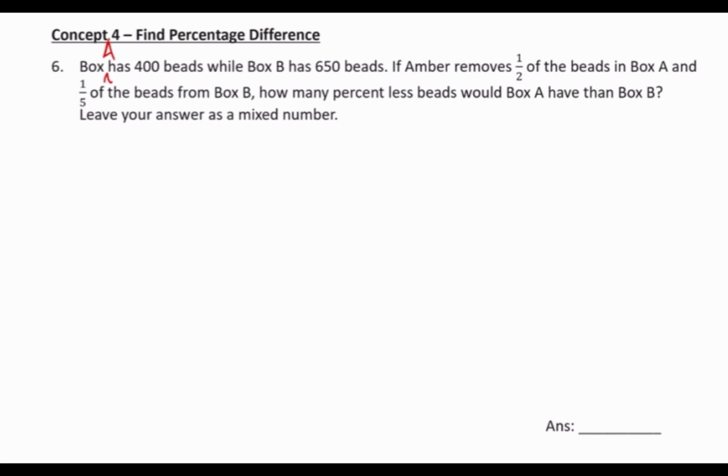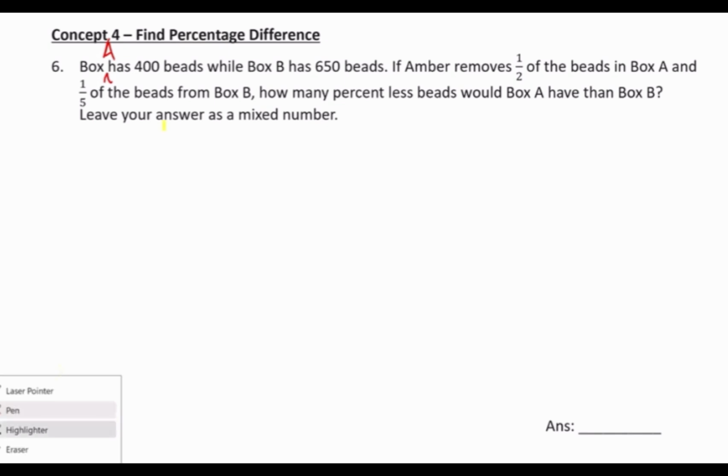Box A has 400 beads, box B has 650. If Amber removes half of the beads in box A and 1/5 from box B, how many percent less beads would A have than B? Leave your answer as a mixed number.